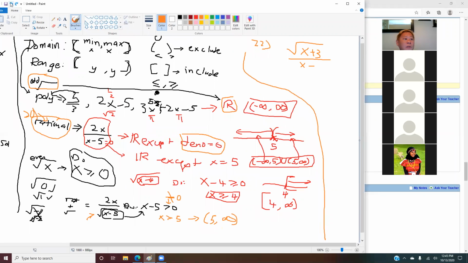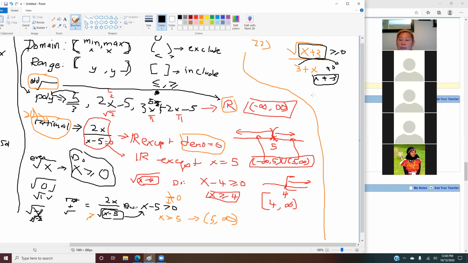So how do we do this kind of question? How to find the domain when you have a square root in the top? Again, you need to figure out the domain. The denominator cannot be 0, so that means x in this case cannot be -3, because I moved the 3 over. And this also says that x plus 3 has to be greater than or equal to 0 because of the square root.